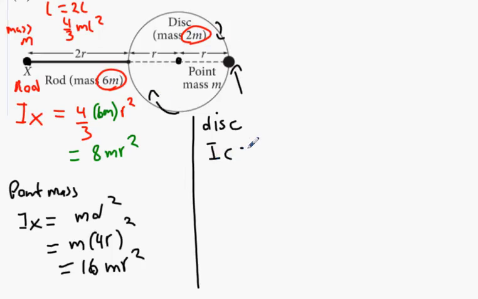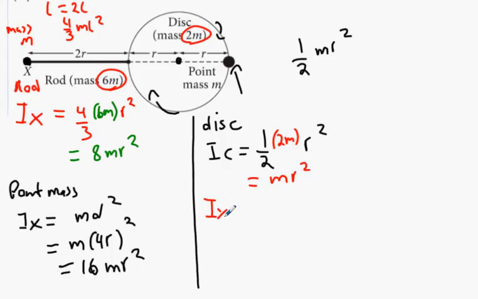So we'll get IC of the disc. IC of the disc would usually be a half mr squared. It's still a half r squared because those dimensions are the same with the generic formula. But what's not the same is the 2m. So this time it's mr squared. That's around axis C, not axis X.